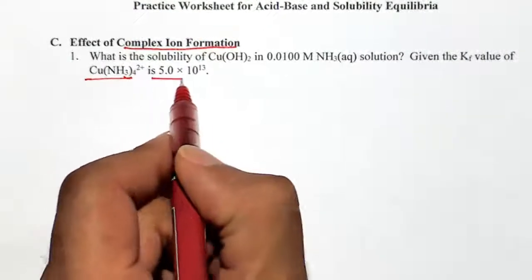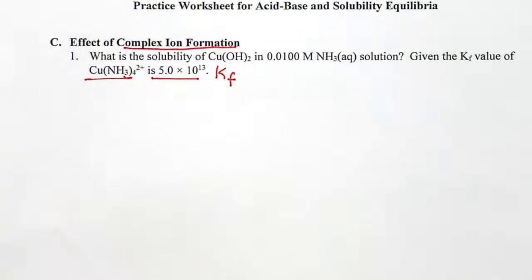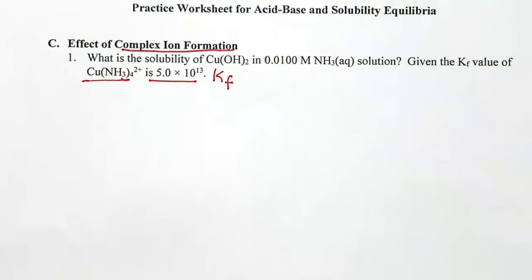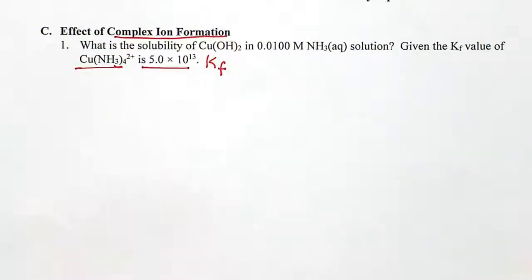And for that, we introduce a new equilibrium term here, Kf. It's not KSP, it's not Ka, it's not Kb, it's not Kw, but it's Kf. And that formation constant is 5.0 times 10 to the 13, positive 13. So we would expect this to be a very, very conducive reaction in terms of forming this complex ion.